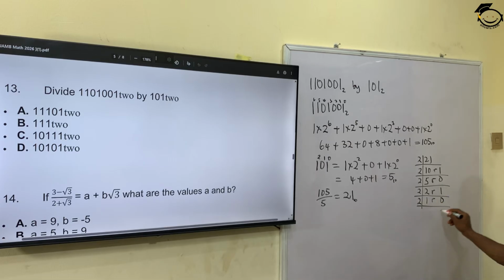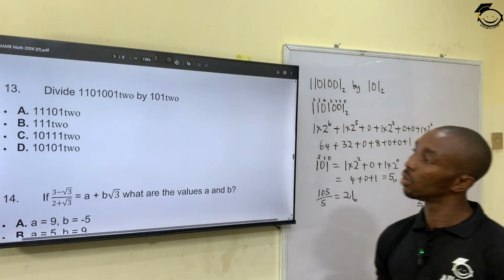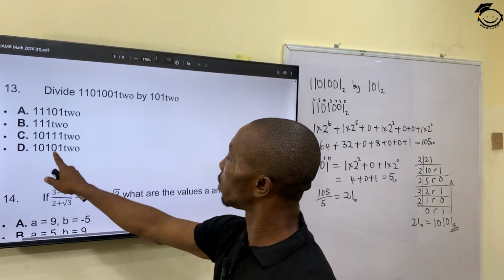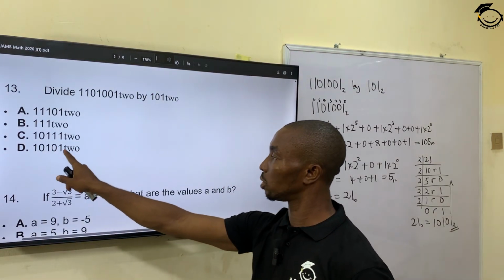And 2 into 1 gives us 0, remainder 1. Reading upward, 21 base 10 equals 10101 base 2. That is our option D.